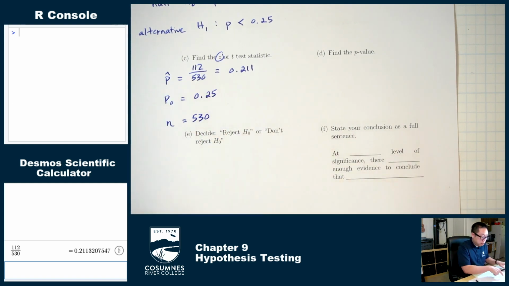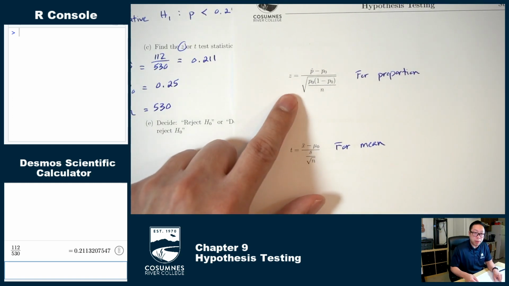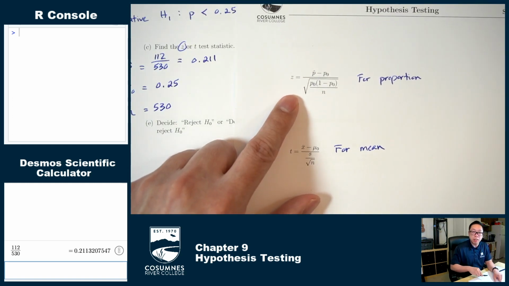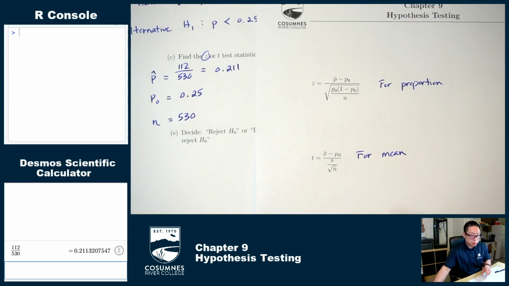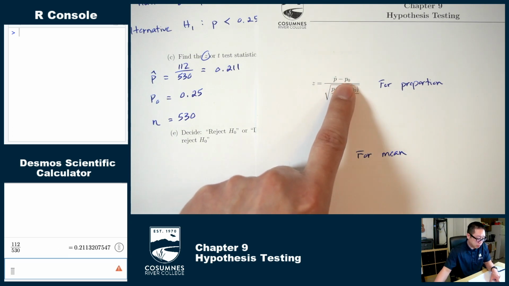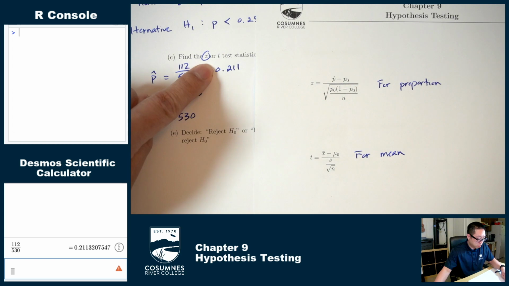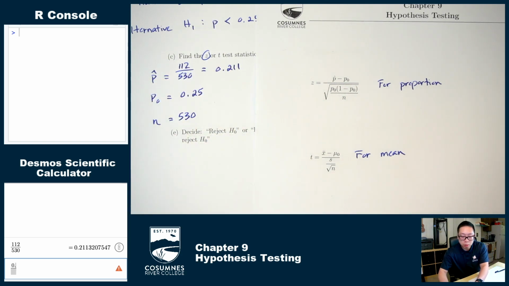And then I want to plug in P hat, P0, and N into the formula on the front page. And I'm going to do this directly in Desmos. In Desmos, I'm going to start off with a fraction. On top, it's P hat minus P0, which is 0.211 minus 0.25.